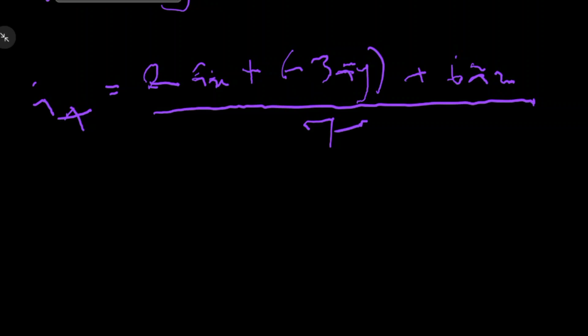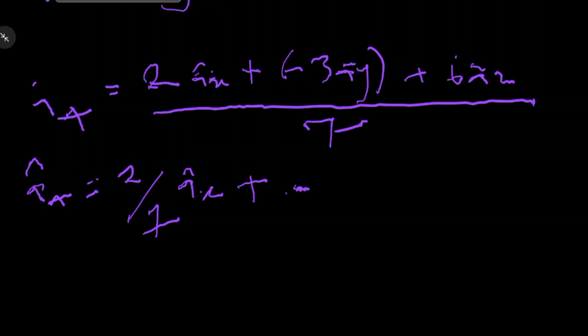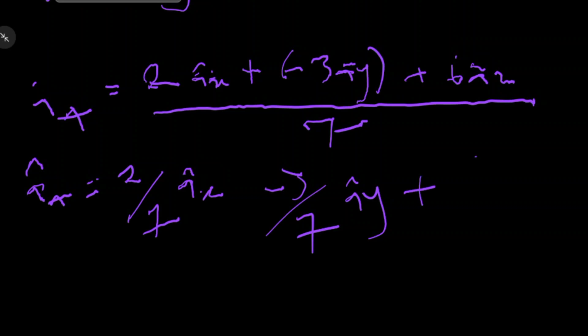So we can rewrite this as our unit vector of A is equal to 2 all over 7 x, plus negative 3 all over 7, let's not forget the unit vector here, plus 6 all over 7 its unit vector.